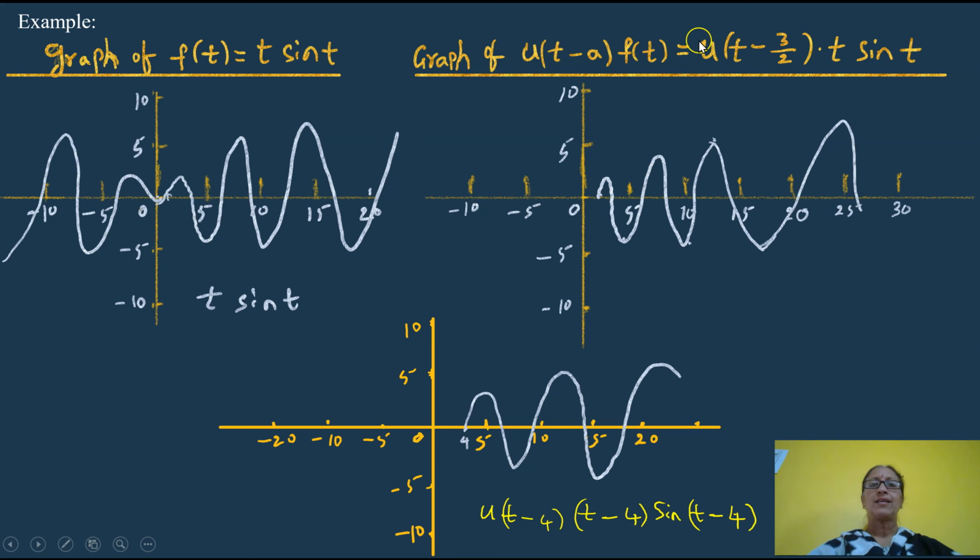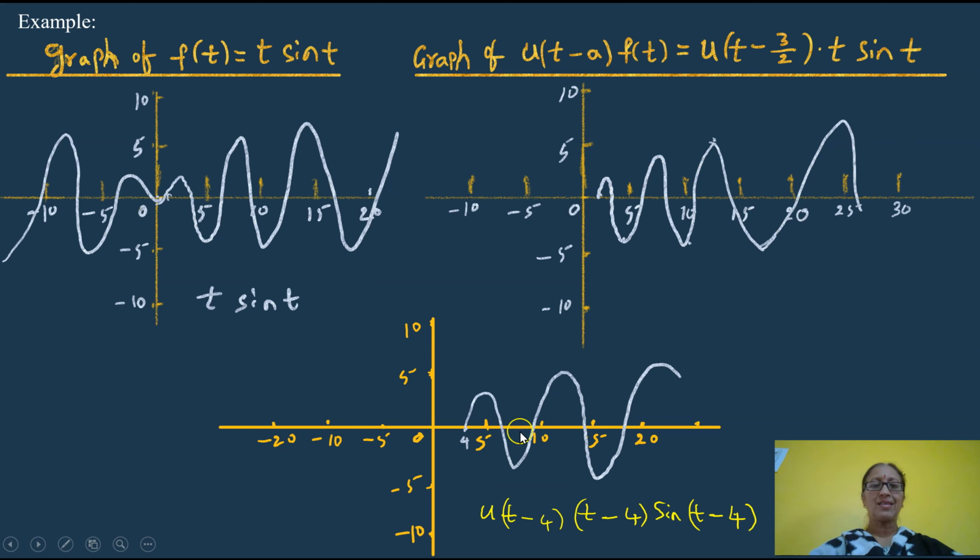So u of t minus a into f of t means the function f of t exists only from t equal to a. You can observe this graph starting only from t equal to 3 by 2. This is the graph of u of t minus 3 by 2 into t sin t.